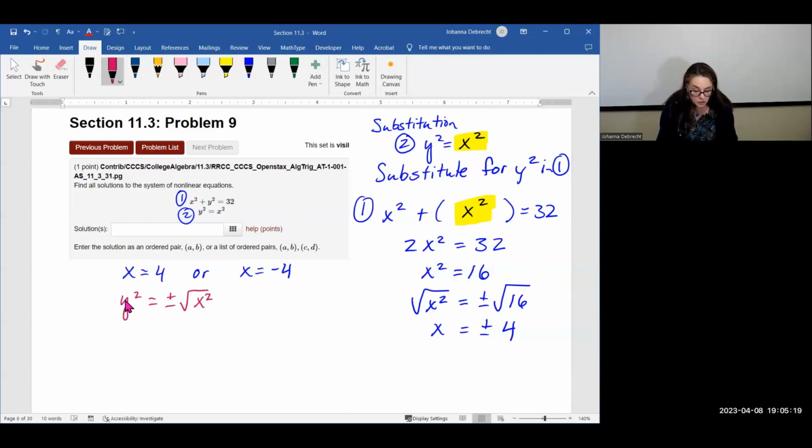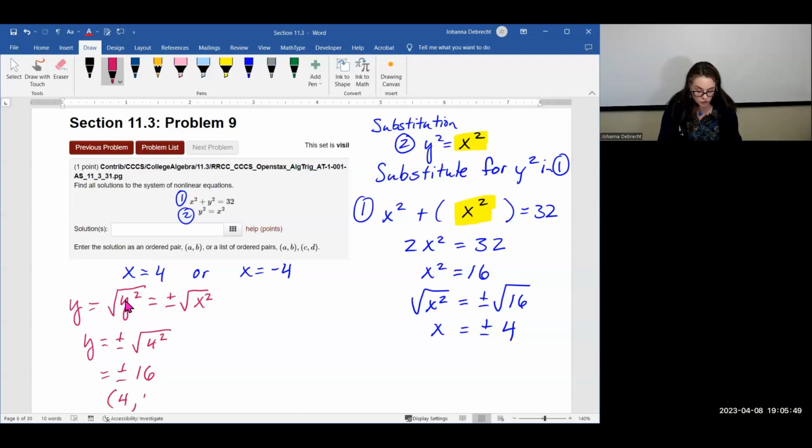Right? So this will give me the y value. Okay? So when I'm looking at this, y, which is the square root of y squared, will be plus or minus the square root of x squared. So when I substitute this time, I get y equals plus or minus the square root of 4 squared, which of course is going to give me 16, but it gives me both positive and negative.